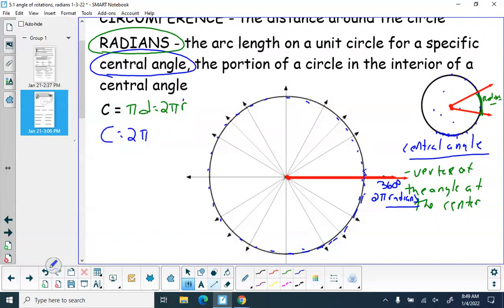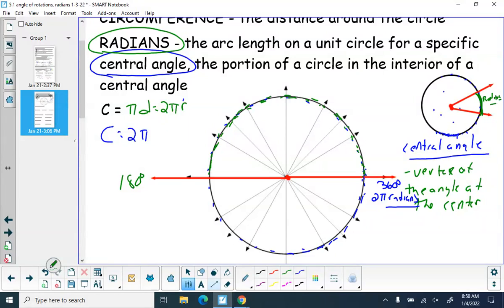If we take the ray and we rotate it just to here, we have rotated 180 degrees. The arc length that is in the interior of the circle is this arc length right here, which would be how many radians? Well, if I go the entire circle, I go 2 pi radians.